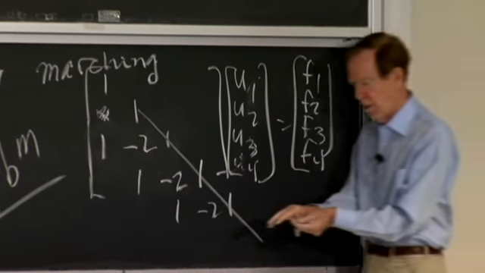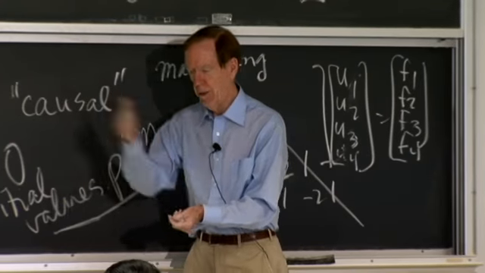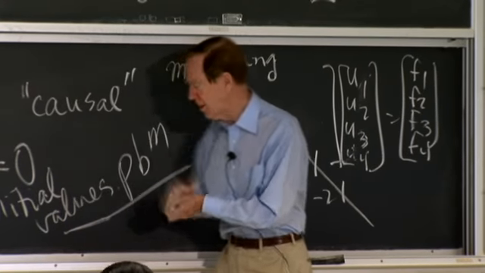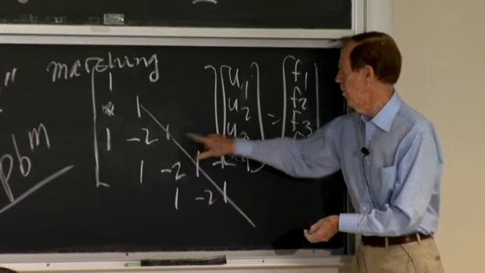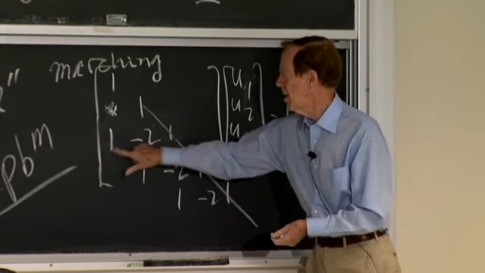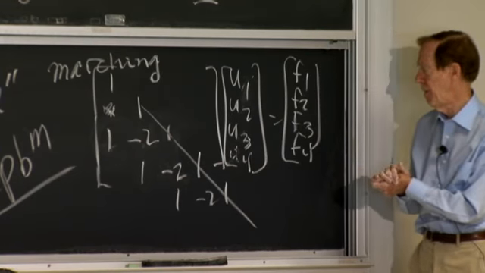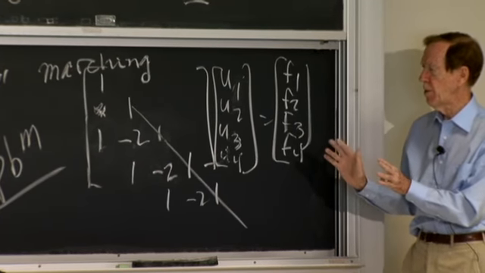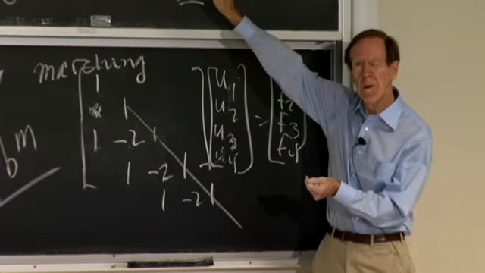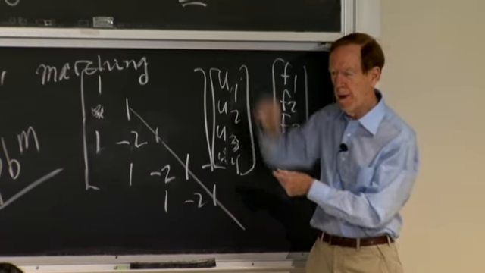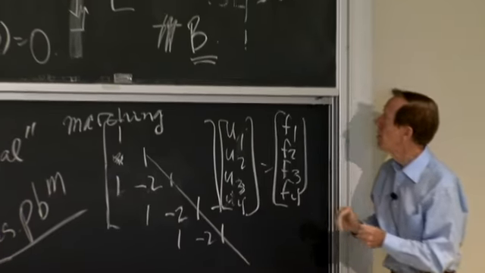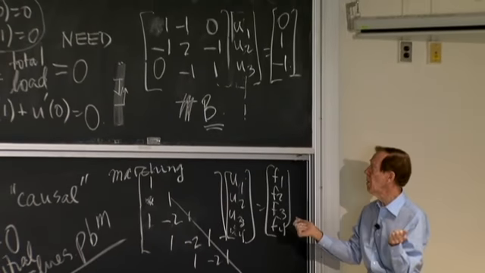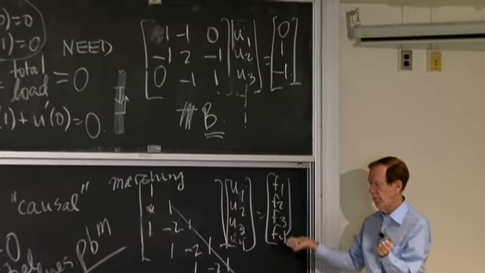You're told how you begin, and you take a step every time, and the new value just needs to know the older values. You see the big difference between that and our problems here. Our problem is looking left and right, looking back and forward. Back for one condition, forward for another.